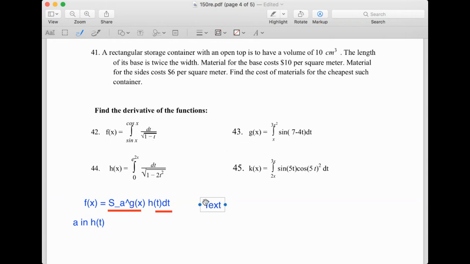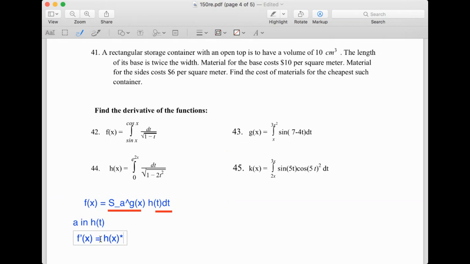So if the lower limit number is in the domain of h of t, then what's the derivative of f? What's f prime? So f prime of x equals the integrand, f of t, which needs to be h of x.